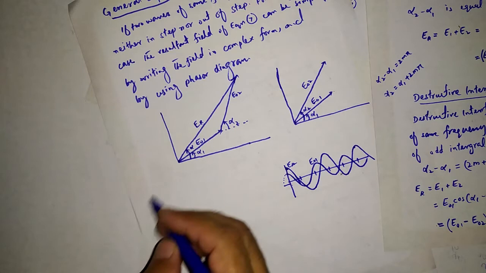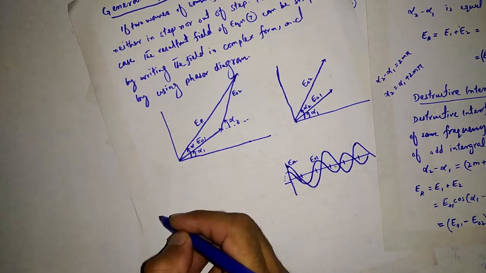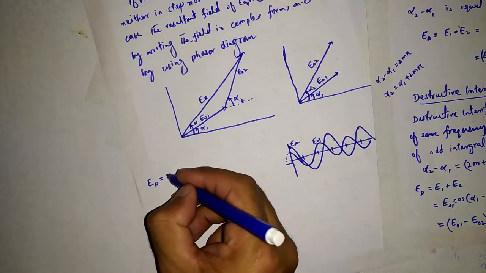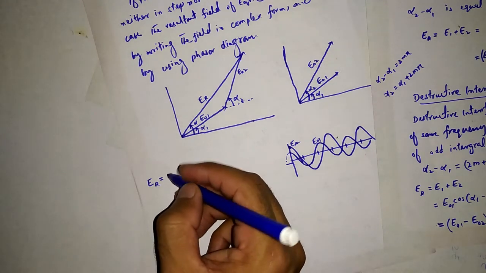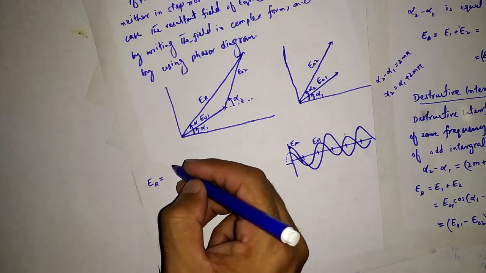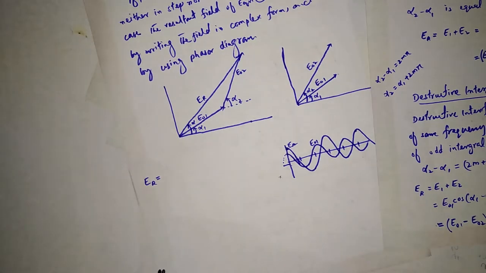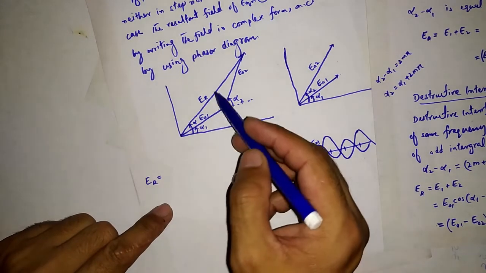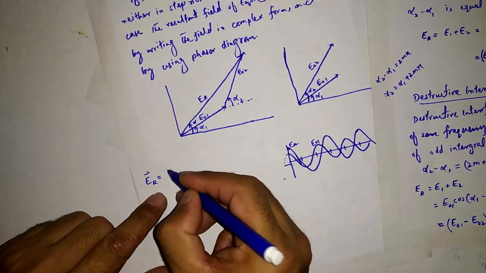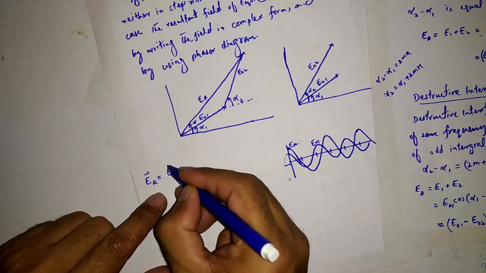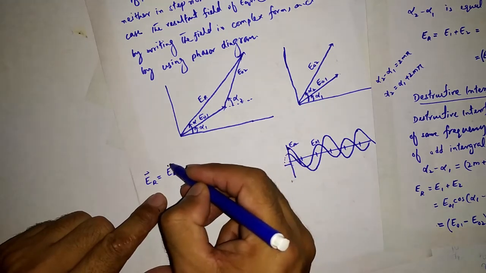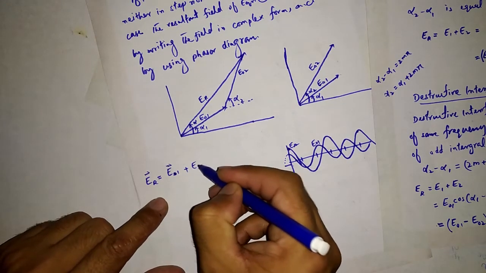So therefore the resultant wave ER will be E naught 1, or simply, sorry, not E1, E naught 1, this is E1 plus E2.